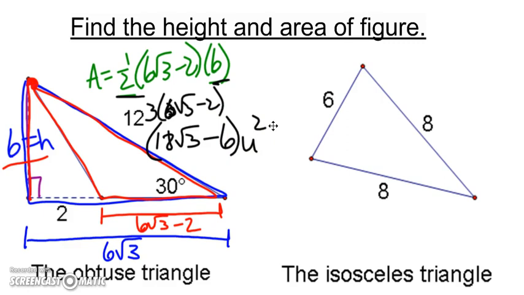And then for the isosceles triangle, you can actually use any side as the base and the height, but in an isosceles triangle, it would be beneficial to use the base of the isosceles triangle as the base, and then draw in the height. And so then we know, based on the properties of the isosceles triangle that we've done before, that those sides would be 3 and 3. So then we can find the height of the triangle by doing the Pythagorean theorem.